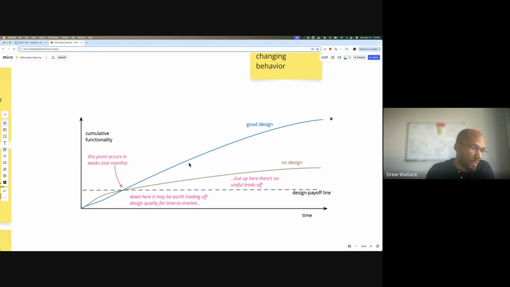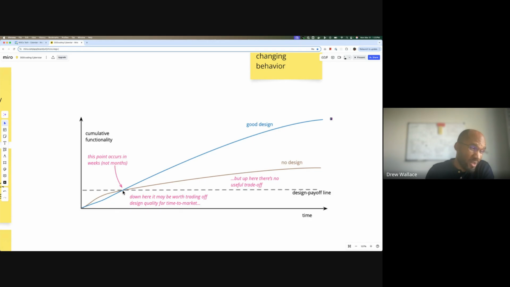Look at the blue line and then the brown line. The blue line's for good design, brown line, no design. If you look at it, as time goes, when you start out, you actually code more features faster using no design. You're actually more productive.